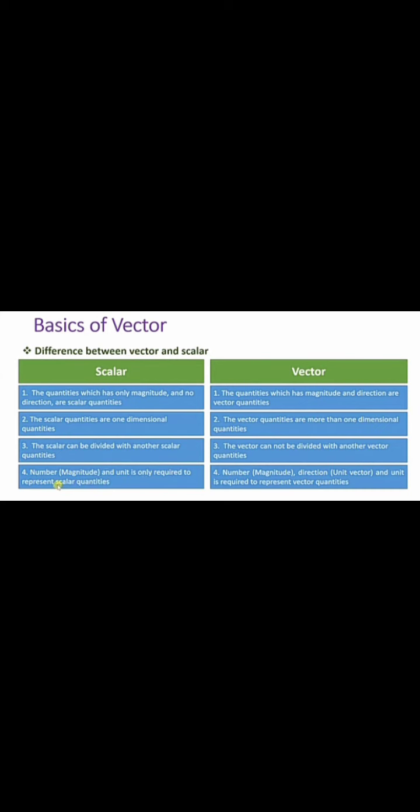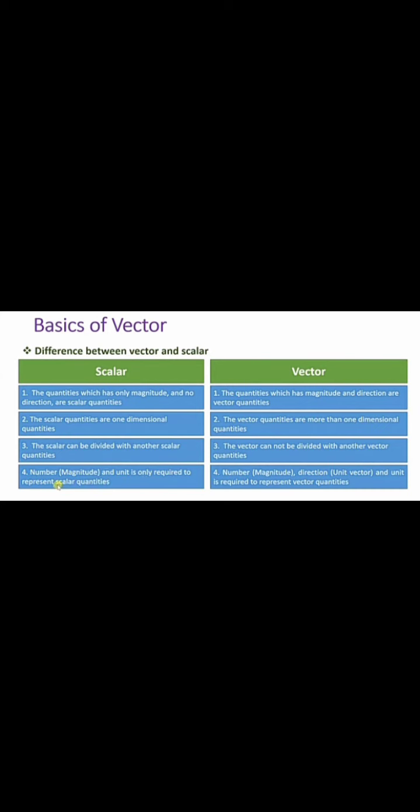Mainly this is vector representation in Cartesian form. That form is A bar equals A suffix x bar plus A suffix y bar plus A suffix z bar, where A is a number, in the sense of magnitude and unit.